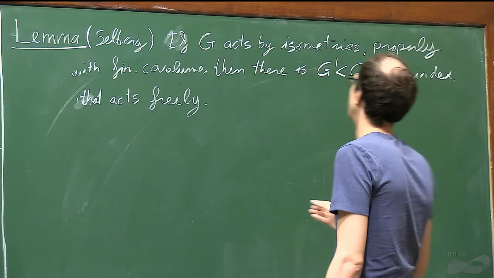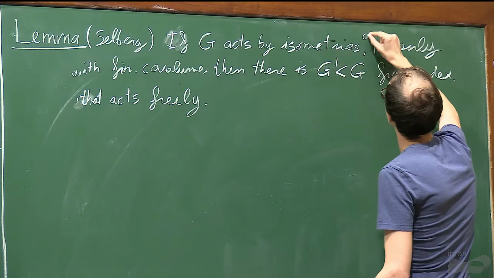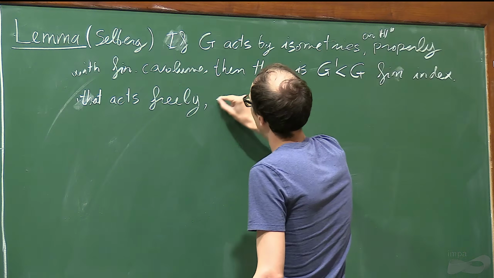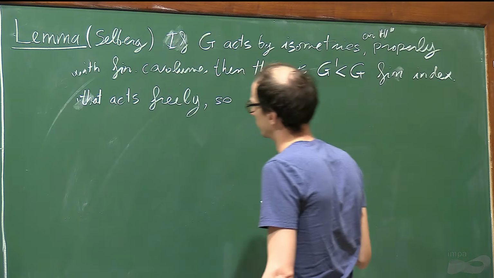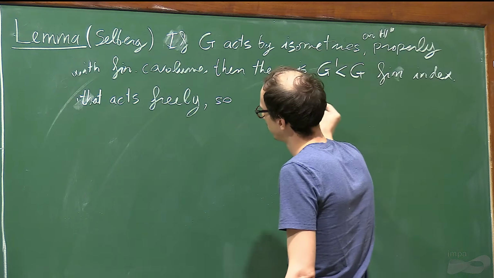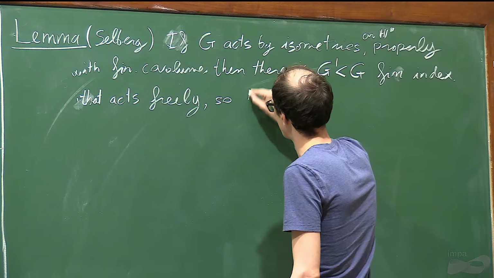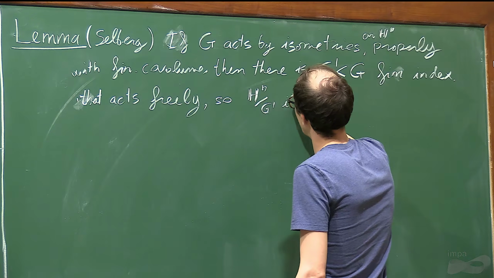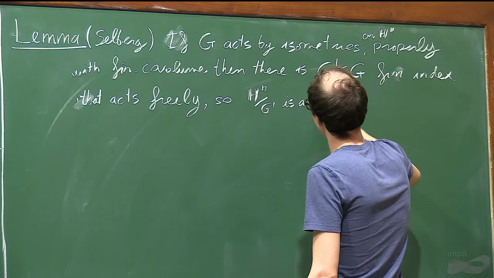So the quotient H^n mod G prime is a hyperbolic manifold.